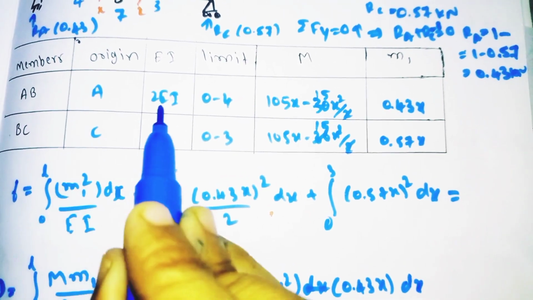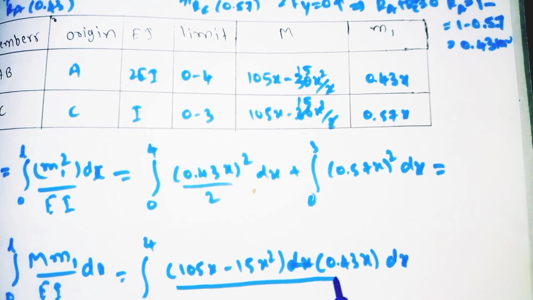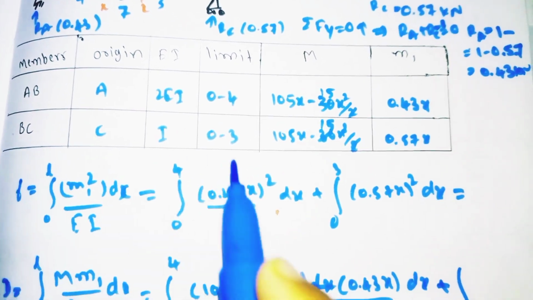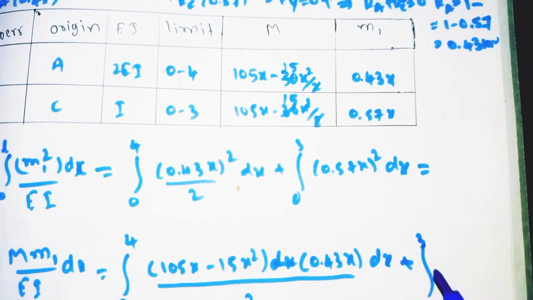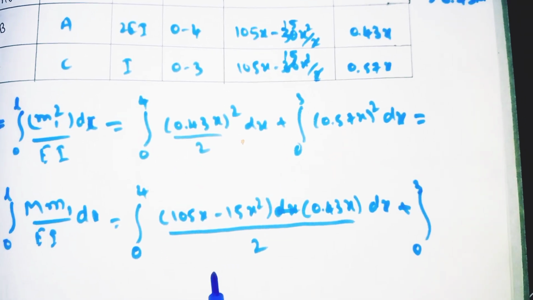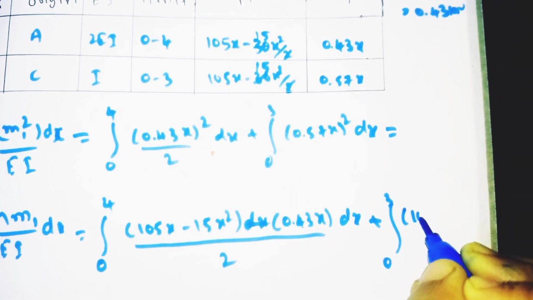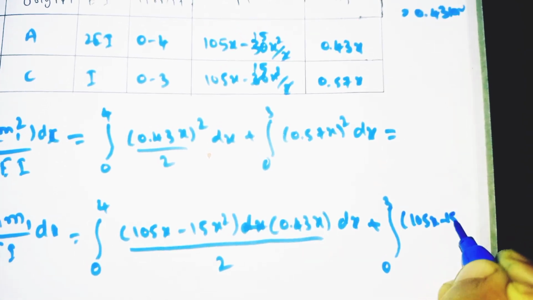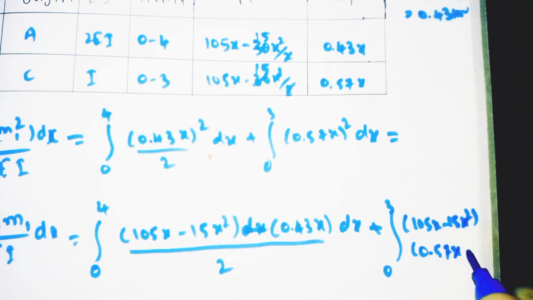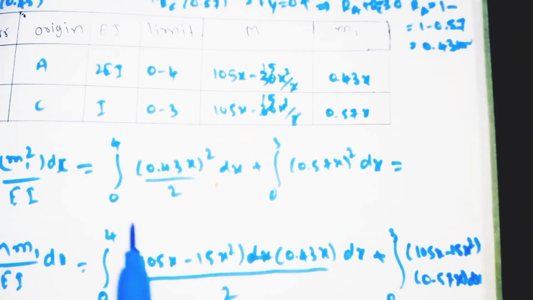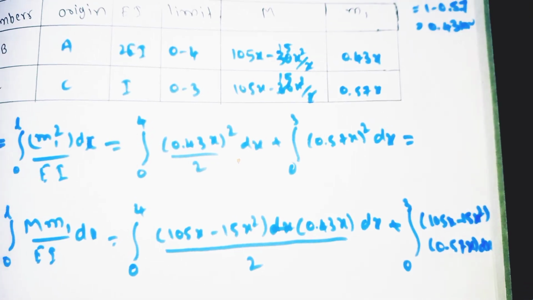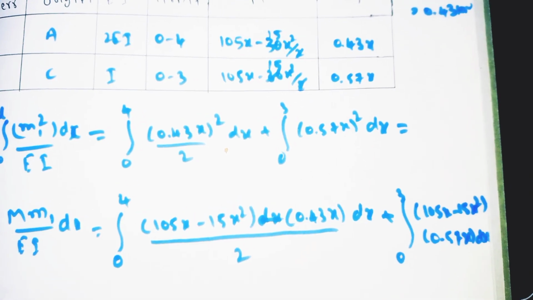Here the value for AB is 2, divided by 2, plus integration for BC with limit 0 to 3 of this into this. So 105x minus 15x square into 0.57x into dx. Here EI value is 1. So now solve it by using calculus.